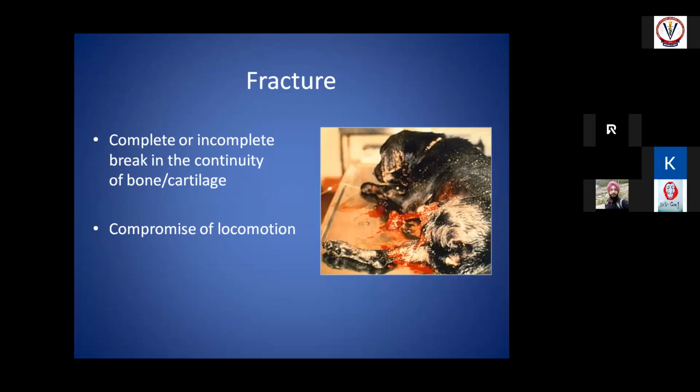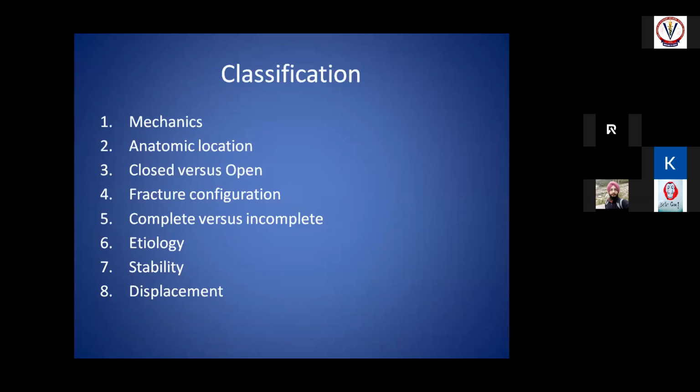And for that purpose, we have to do a very important procedure of fracture fixation. There can be associated soft tissue trauma, there can be loss of blood supply, there can be nerve damage, muscle damage, tendon damage, depending upon the energy involved in the particular fracture.